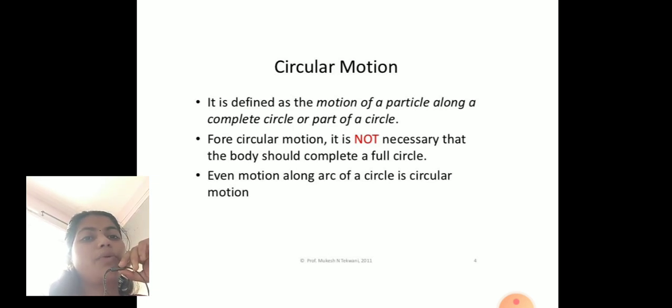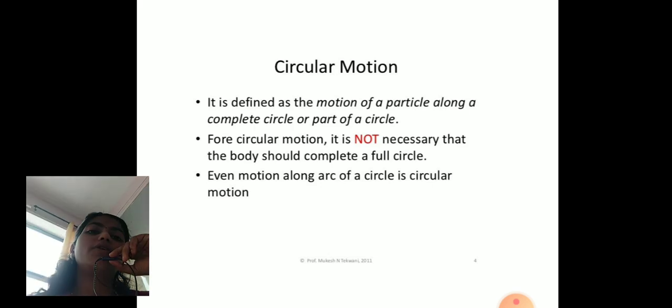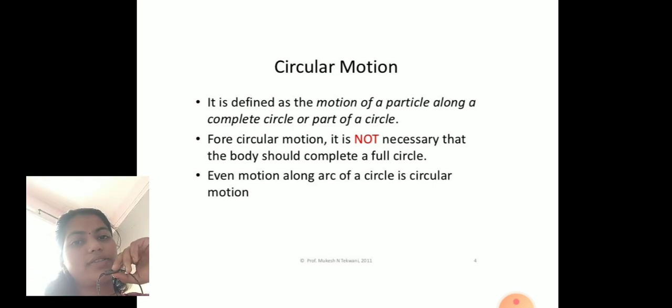For circular motion, it is not necessary that the body should complete the full circle. In this type of motion, the body does not need to complete the full circle. If it covers a part of a circle, it is also performing circular motion.